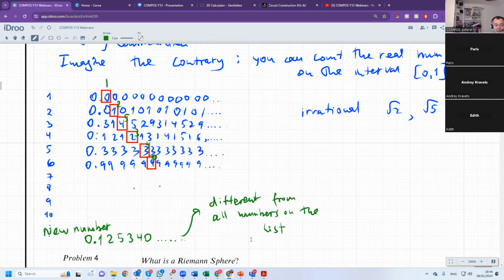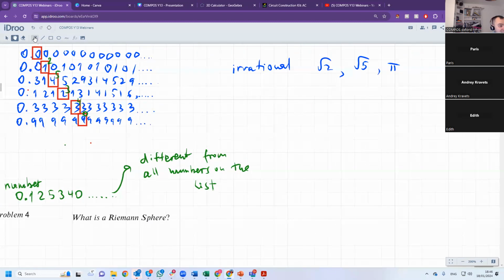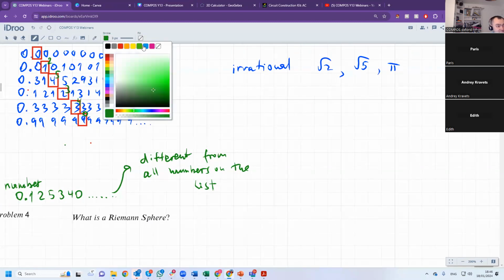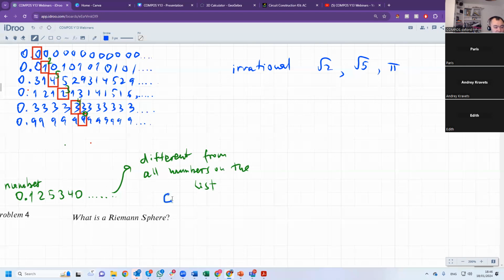So we do not have a list of real numbers, because I've just written one number which is not on the list. So you can always find a number which is not on the list. So this is a contradiction. This is a contradiction.